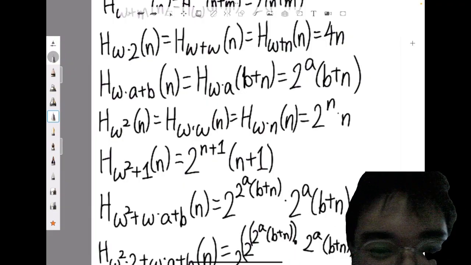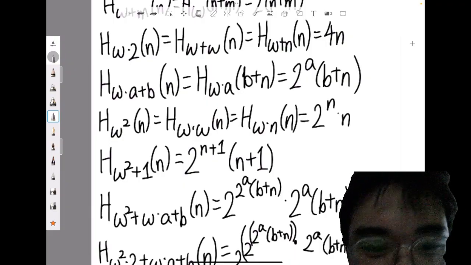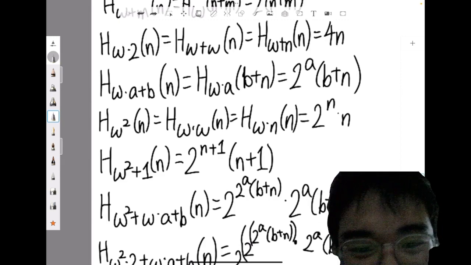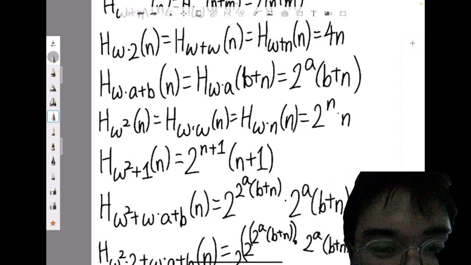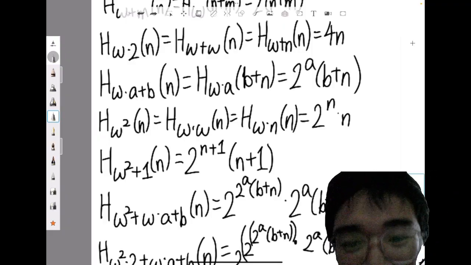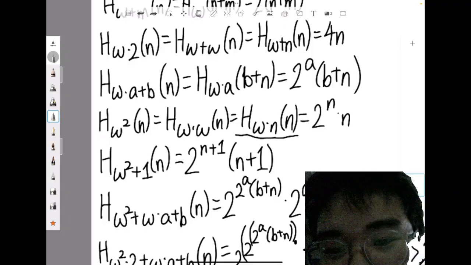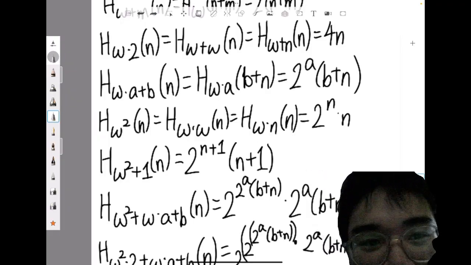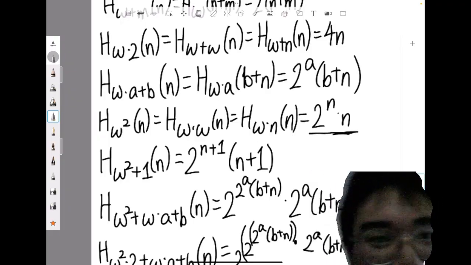So we continue to omega squared. Omega squared is just omega times omega, so you do it this way, and you get h sub omega times n of n, which is just 2 to the power n times n.